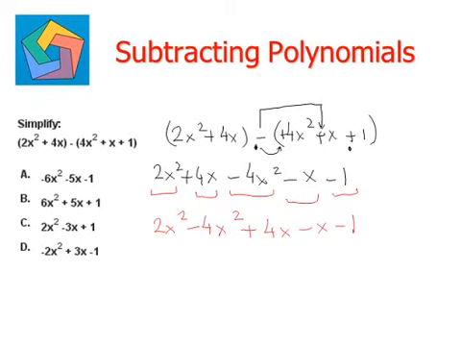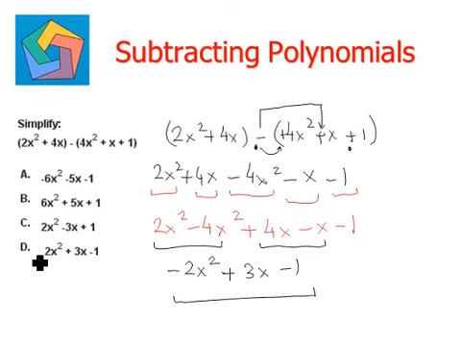Now we do our mathematical operations. 2x squared minus 4x squared is negative 2x squared. 4x minus x is simply positive 3x, minus 1. This is our final answer, negative 2x squared plus 3x minus 1, and it is option D.